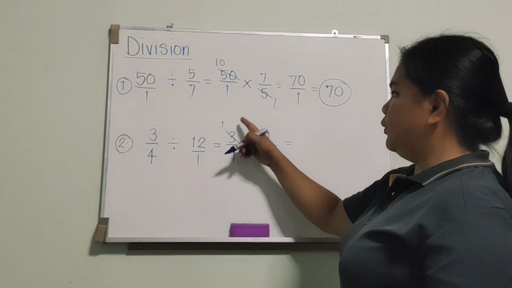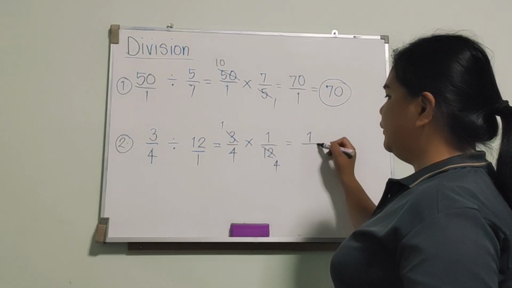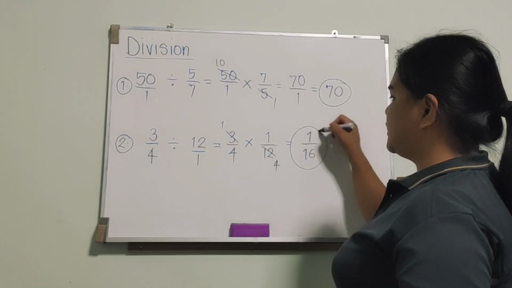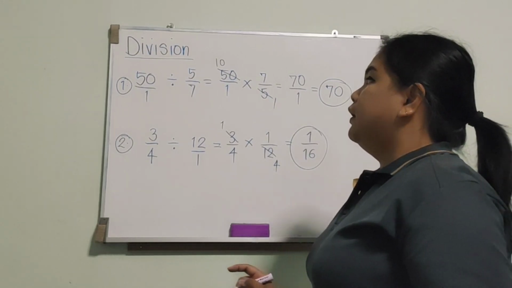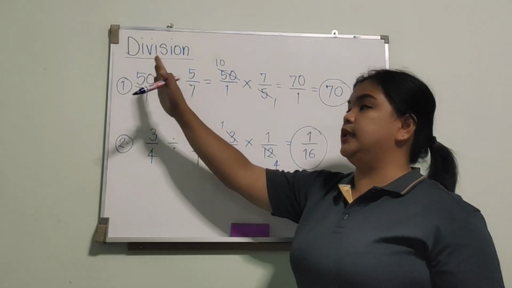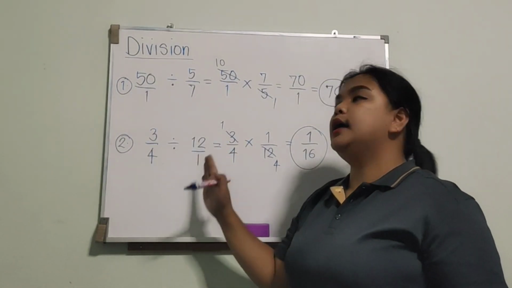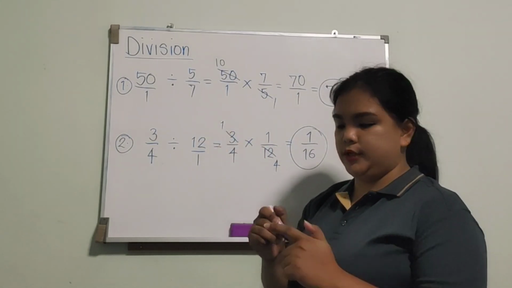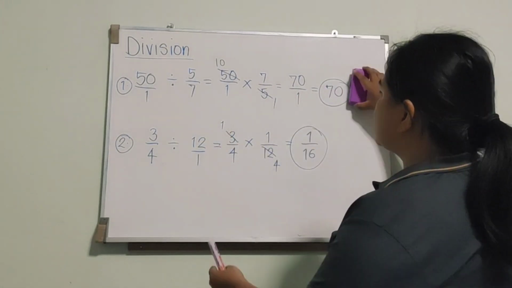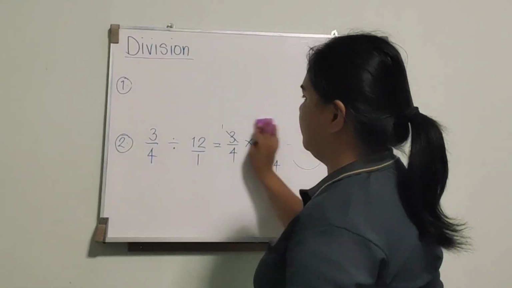What will you get? 1 times 1, you will get 1. 4 times 4, you will get 16. That is the answer. The difference between 1 and 2: in number 1, the whole number is in the dividend, and in number 2, the whole number is in the divisor.